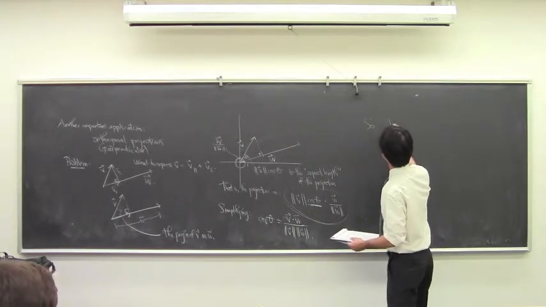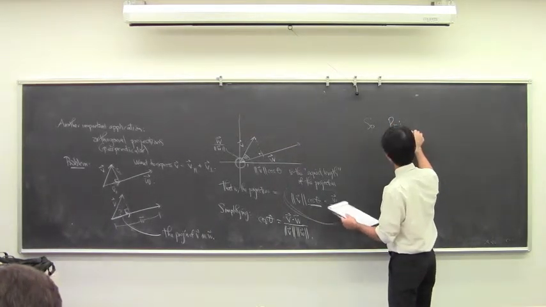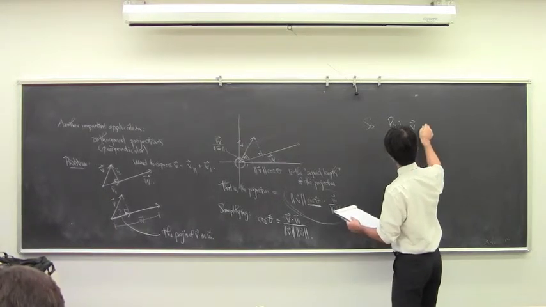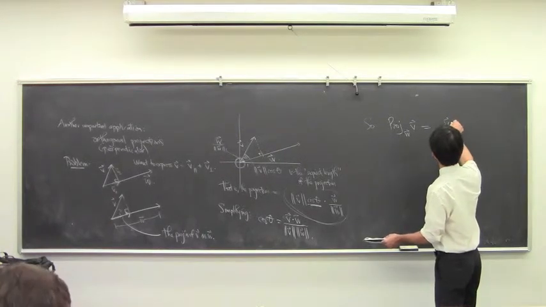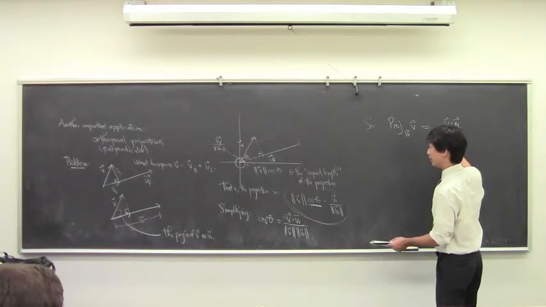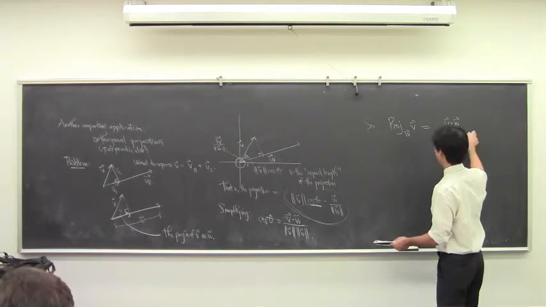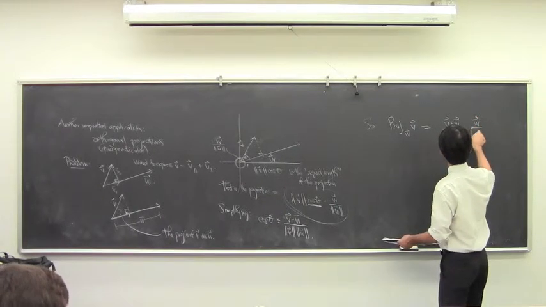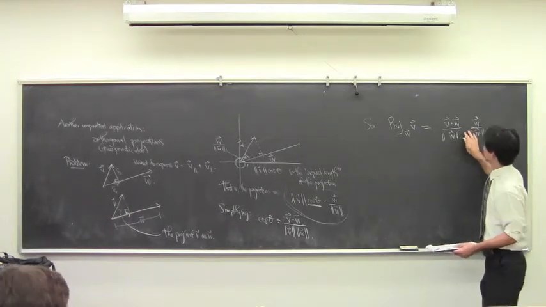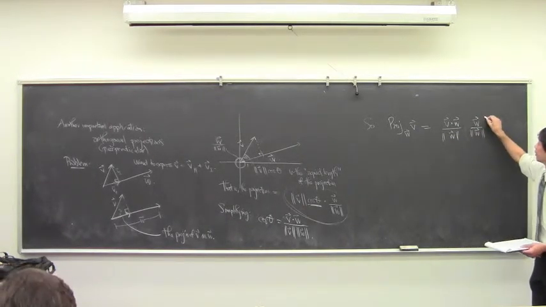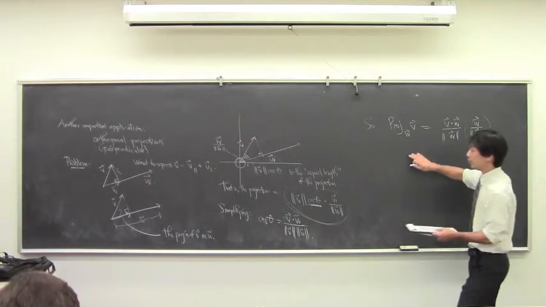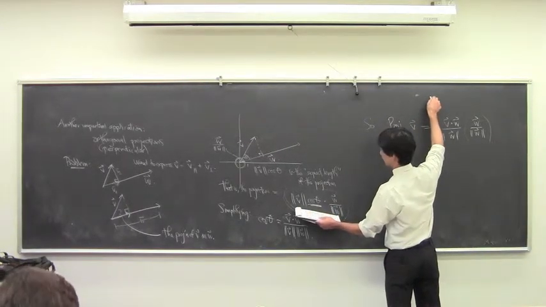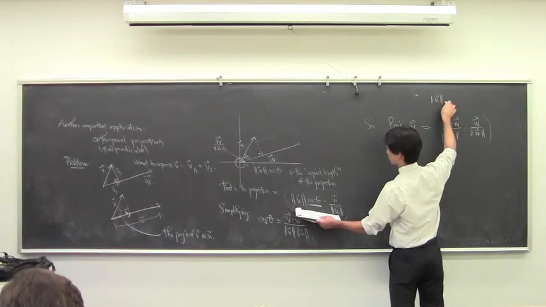So the projection of v onto w is going to be v dot w over the magnitude of w times the direction of w. What we've written before was that it was going to be the magnitude of v times the cosine, times the direction vector of w.